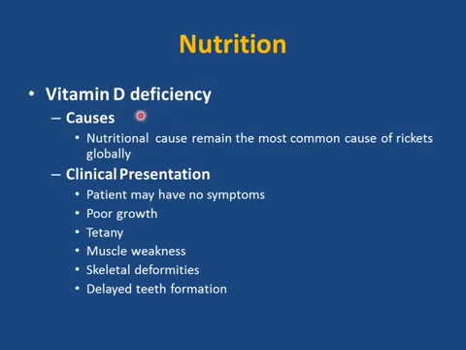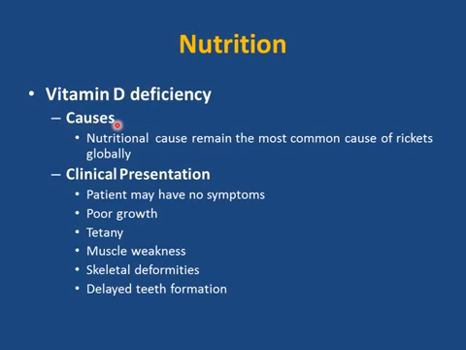Vitamin D deficiency. The common sources of vitamin D are cod liver oil, liver and meat, egg yolk, oily fish like salmon or sardines. The two main sources of vitamin D are fortified food with vitamin D and sun exposure to activate vitamin D in the skin.